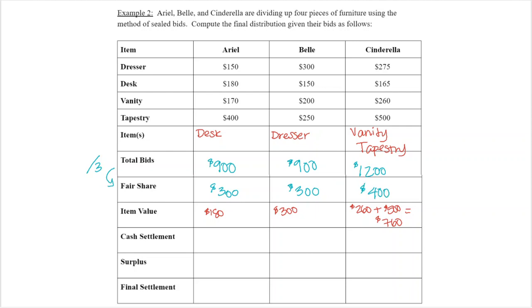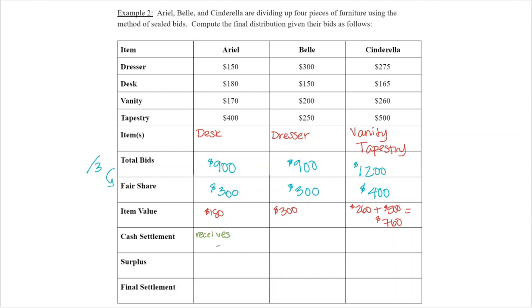All right, so we want to compare the fair share and the item value. Okay, Ariel, her fair share is $300. The item that she got is only worth $180. So that means she needs some cash.